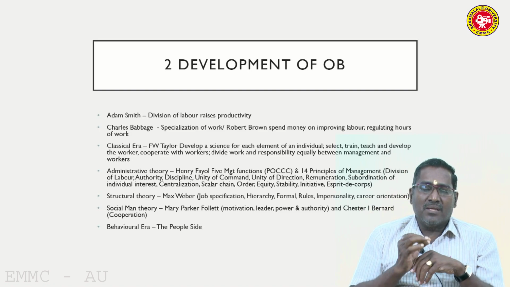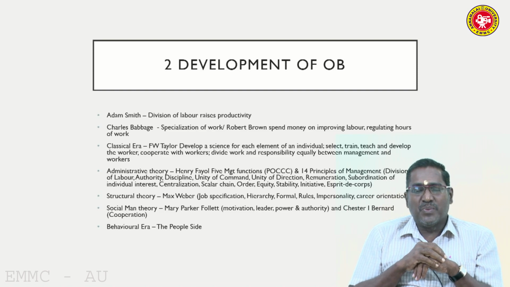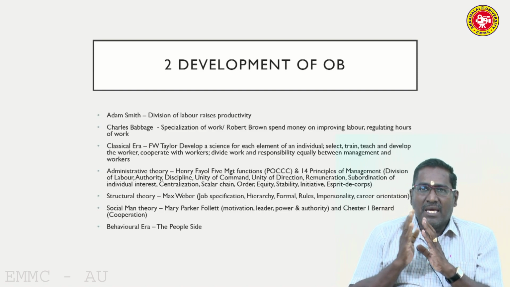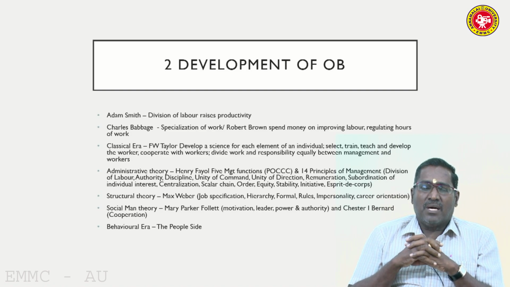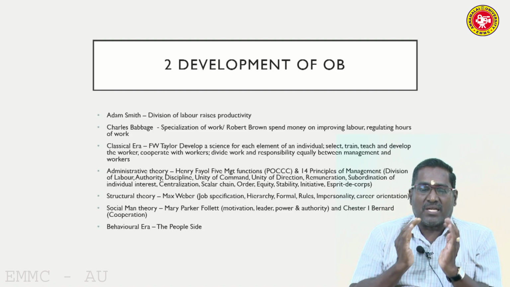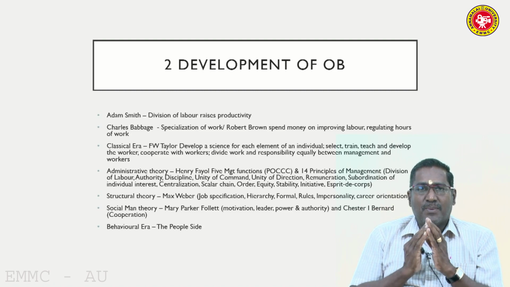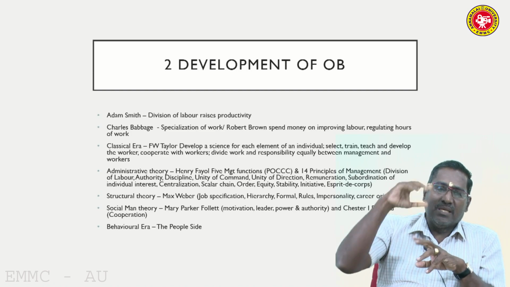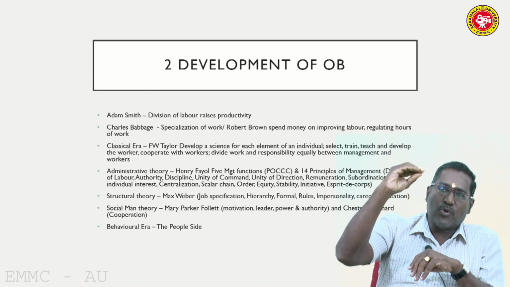So we would slightly look at what Adam Smith has raised in organizational behavior. The key lever for organizational behavior given by Adam Smith was productivity. Division of labor raises productivity. That's his contribution. He wanted to see the organization from the perspective of productivity.